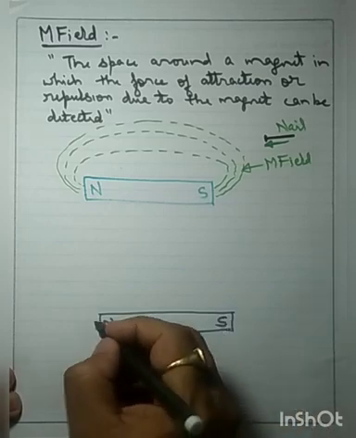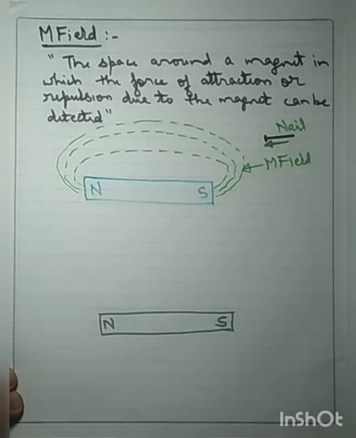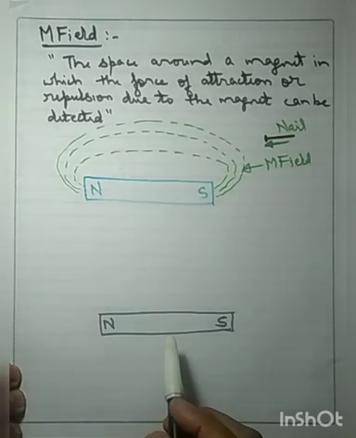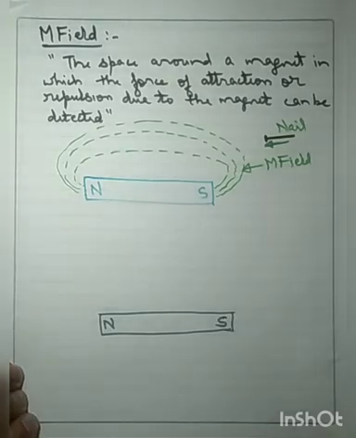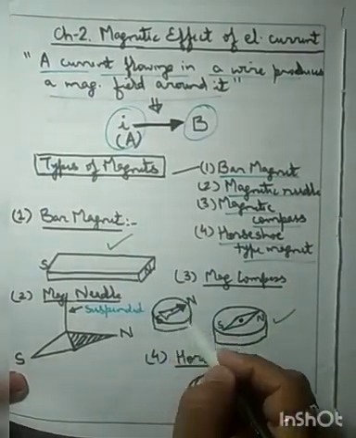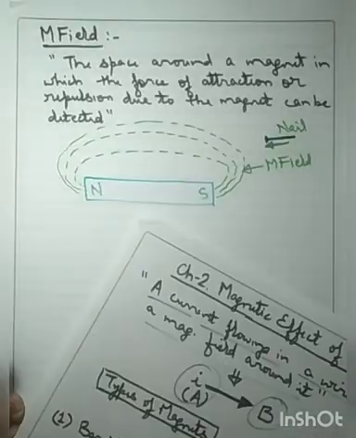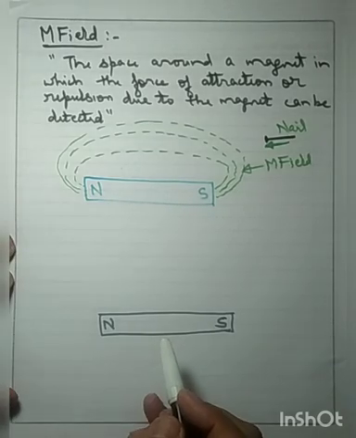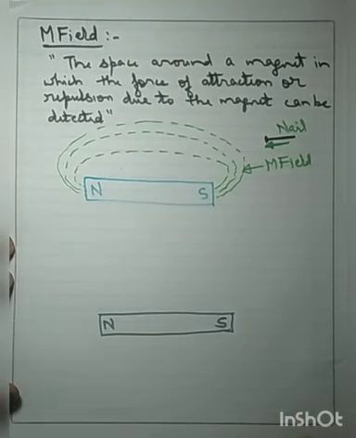So suppose we want to draw the magnetic field lines for this bar magnet, which is shown here. We know that an artificial magnet is in the form of a magnetic compass like this, and if we use it to draw the magnetic field, then it can be easily drawn.